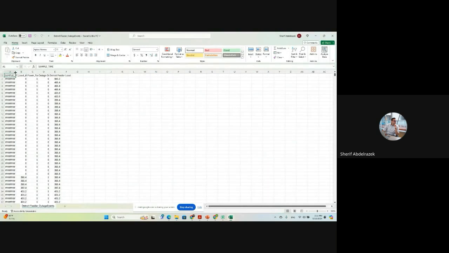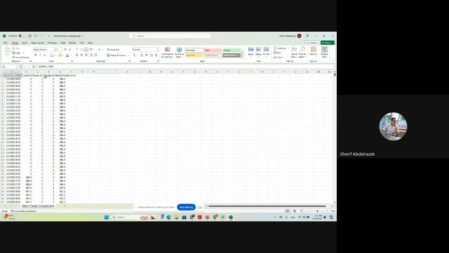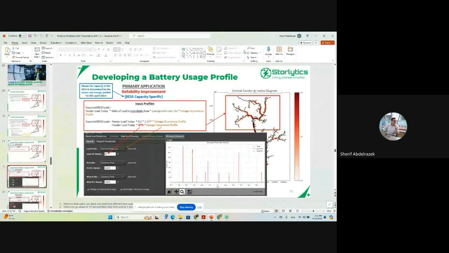and what you see here is an outage occurrence, either 0 or 1. When an outage occurs, there's load, and this is the feeder load here. Just a very brief Excel formula there.